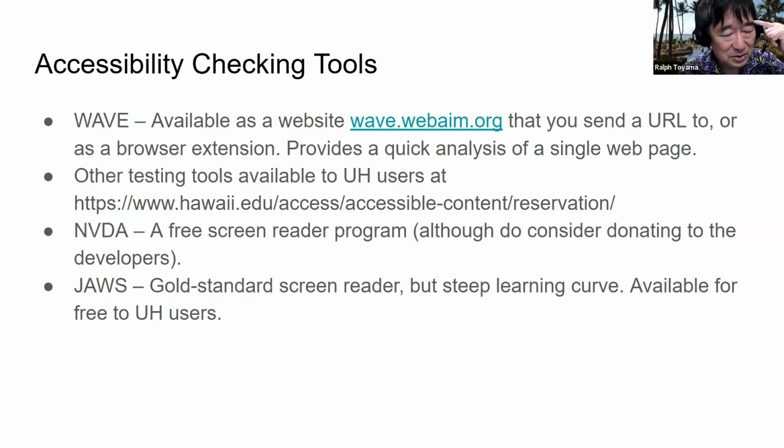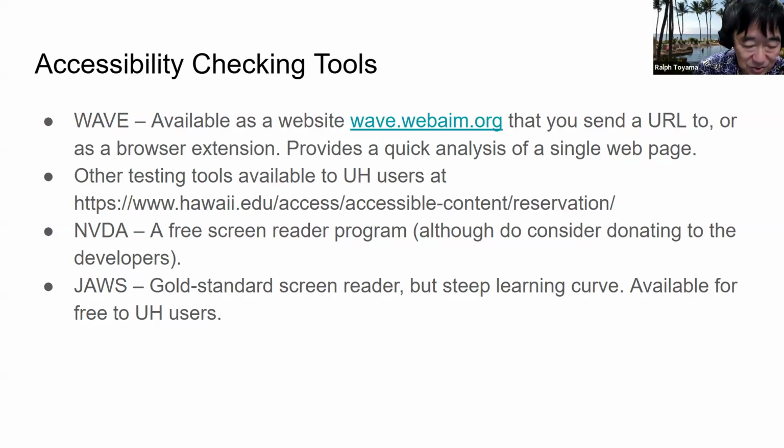But the WAVE tool is available as either a web page where you can send a URL to them, and they will pop right back with the report, instantly coming back with an automatically generated report about any issues. And it's also available as a browser extension, which is how I usually use it.